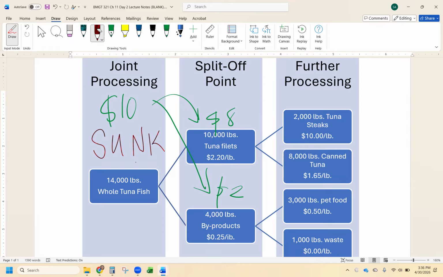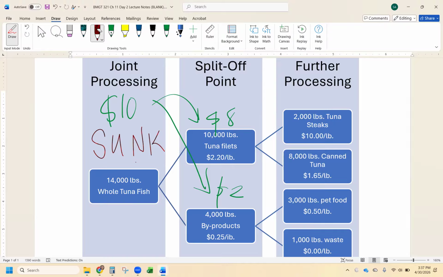But for right now in chapter 12 with our decision making, we are going to be making this decision at the point in time where these split off point products already exist. So any costs that we had to incur to make the split off point products, it's already gone. So we don't need to include that in the analysis.